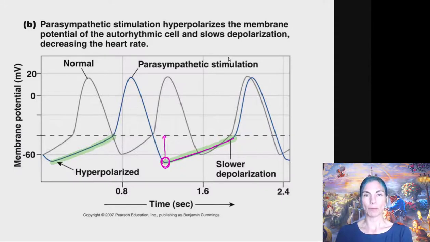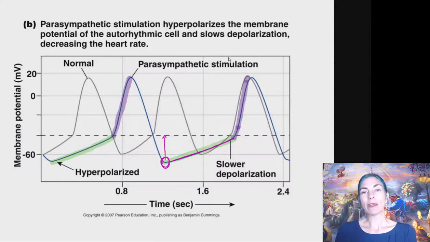Both of those contribute to a longer pacemaker potential and therefore fewer depolarizations and therefore a lower heart rate. So the sympathetic nervous system increases the heart rate by shortening the pacemaker potential, and the parasympathetic nervous system decreases the heart rate by lengthening the pacemaker potential.